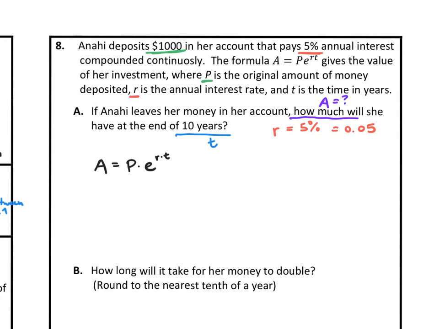Let's plug in everything that we know. P equals 1000 times e to the power of 0.05 times 10 years.